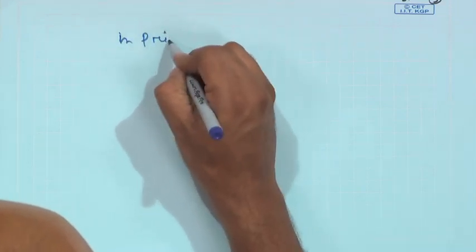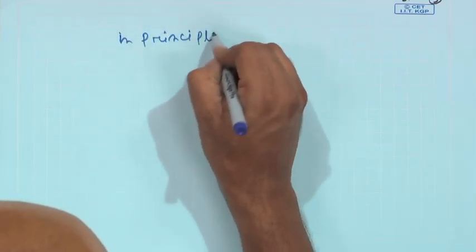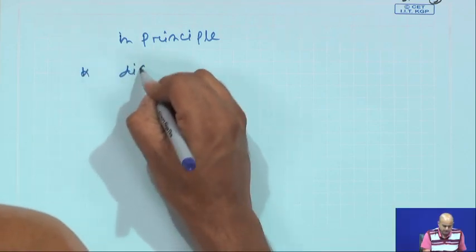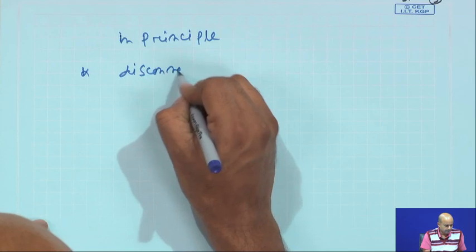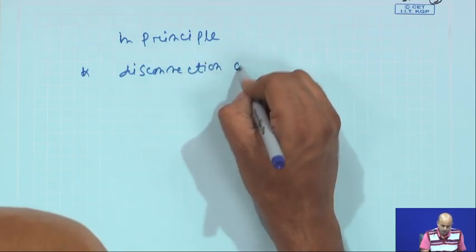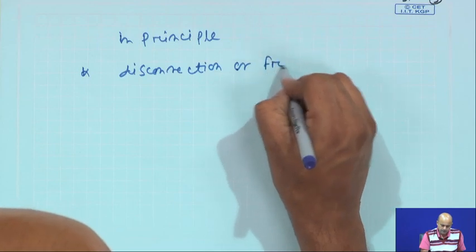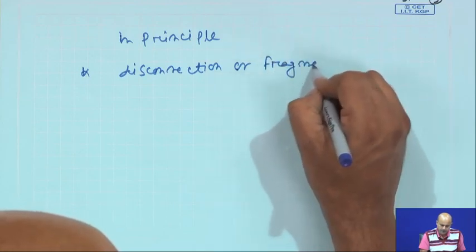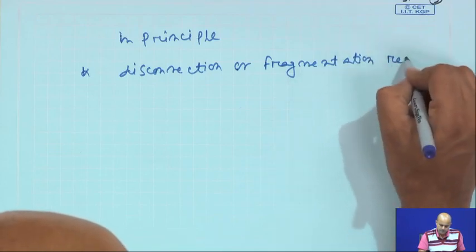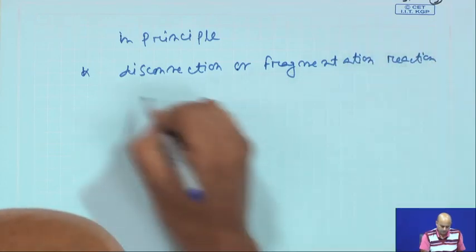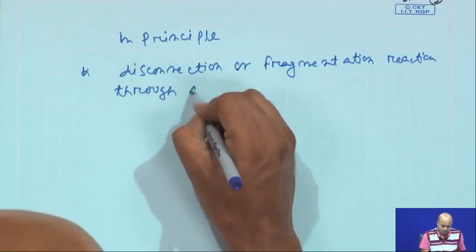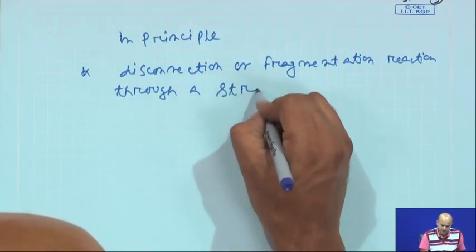So, overbred intermediates are, in principle, what exactly? It is basically a disconnection or fragmentation kind of reaction through a strained intermediate.